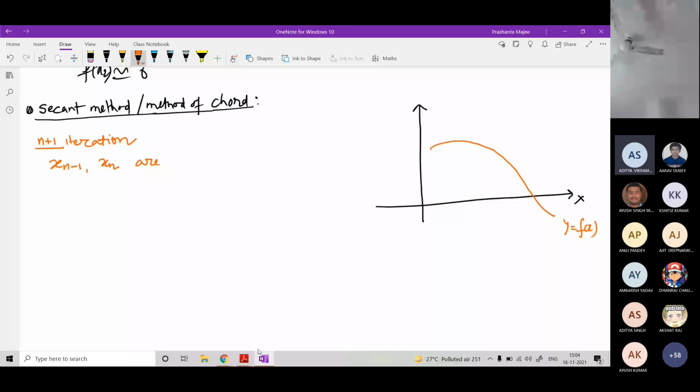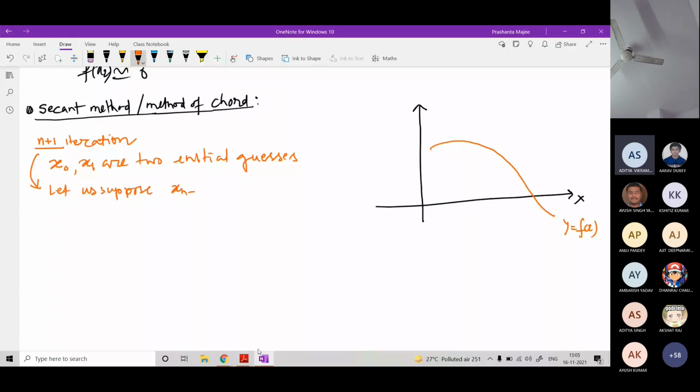Let me write down, x0 and x1 are the two initial guesses, and then in the nth step, suppose we have xn minus 1 and xn, which are the approximate values of the root.